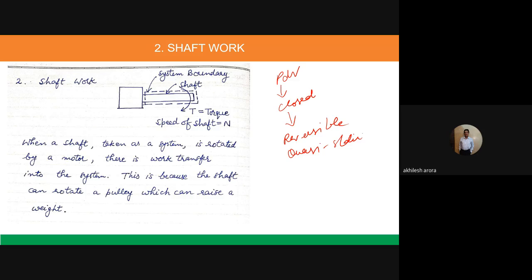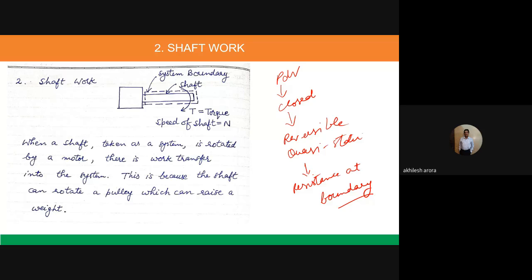The third validity condition for PDV was resistance at the boundary. If there is no resistance at the boundary, we cannot calculate the PDV work. PDV work will be 0 and the process will be that of a free expansion.